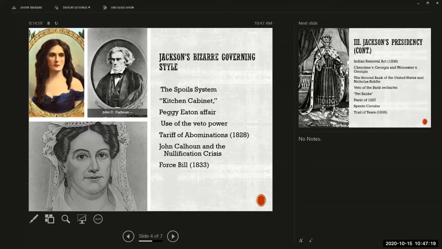They were the ones who entertained visiting dignitaries. And Jackson insisted that the wife of his Secretary of War, John Eaton, a woman named Peggy Eaton, that the Washington wives invite her to all the social stuff.